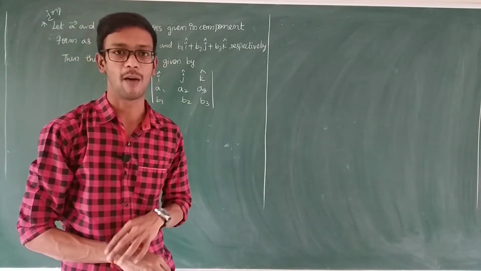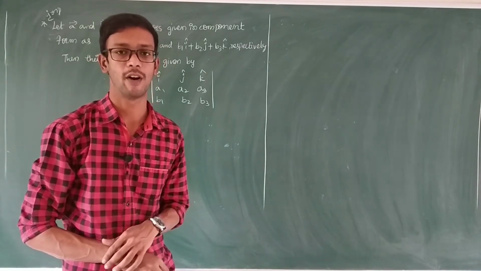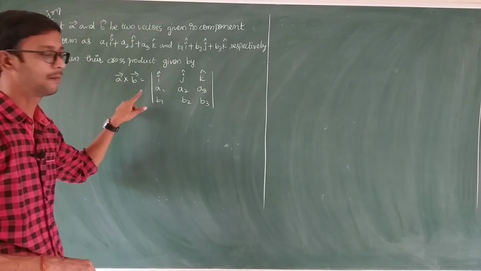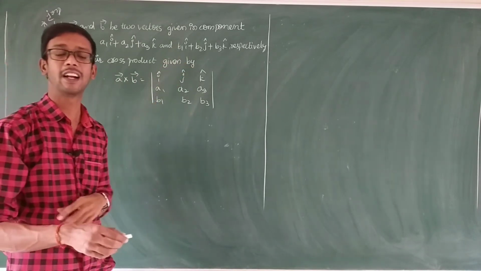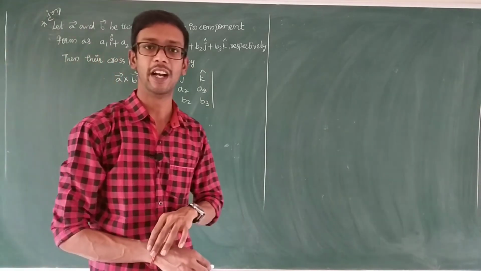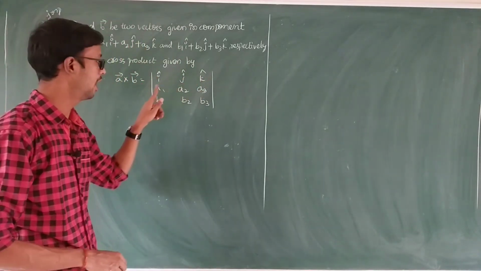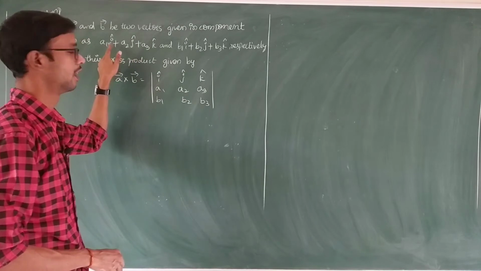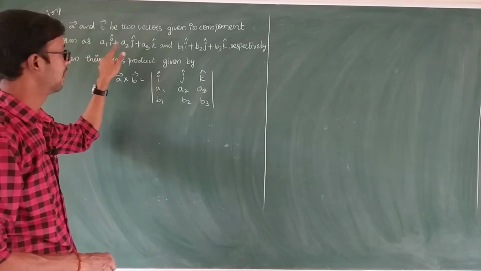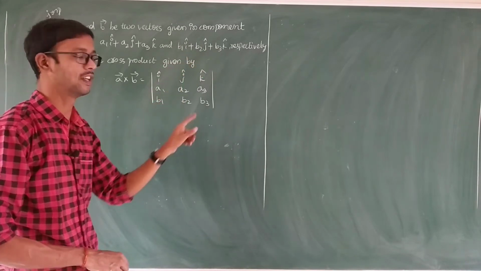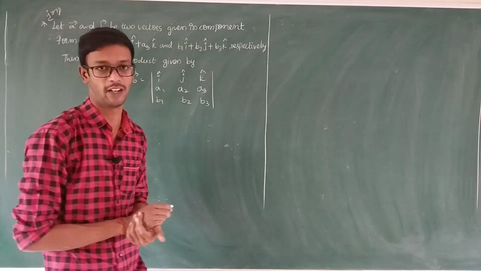Two vectors in component form, then the cross product is represented by a determinant. We already discussed determinants in the fourth chapter. Here also the determinant concept: i, j, k, coefficients of first vector a1, a2, a3, coefficients of second vector b1, b2, b3. Just you have to do the simplification here.